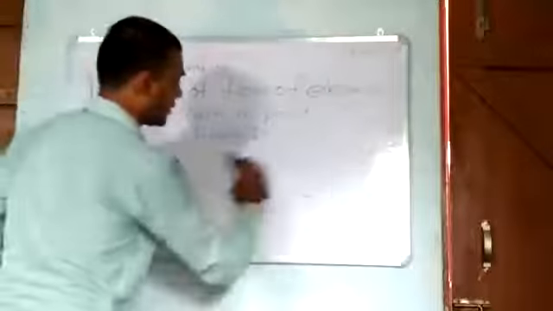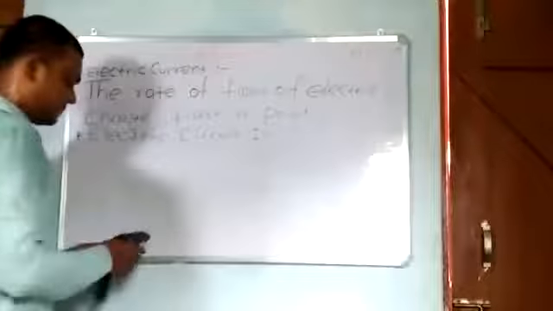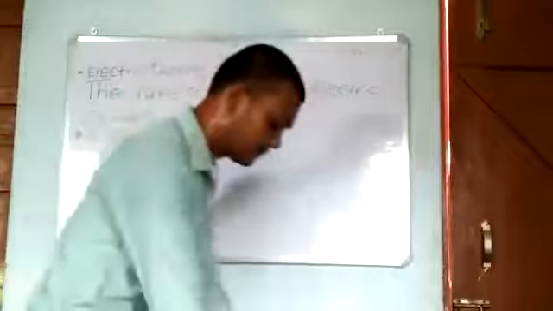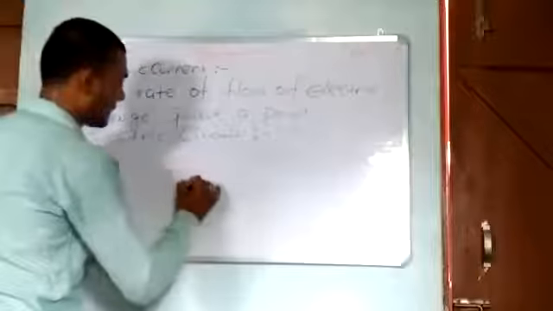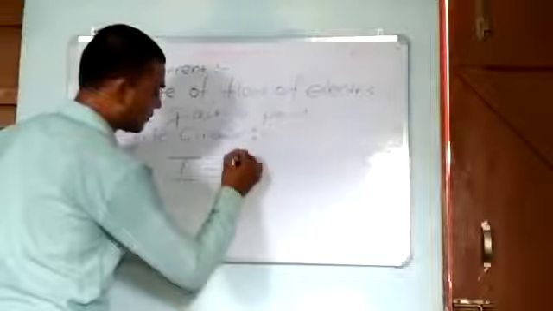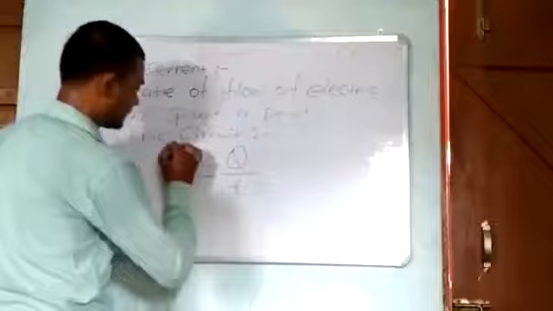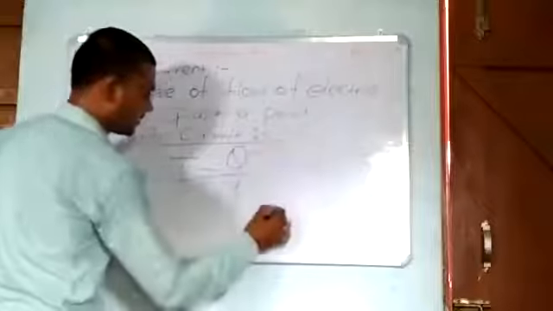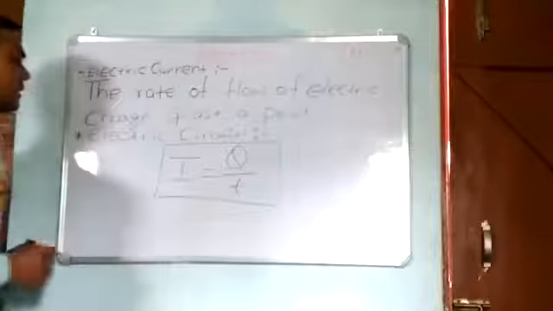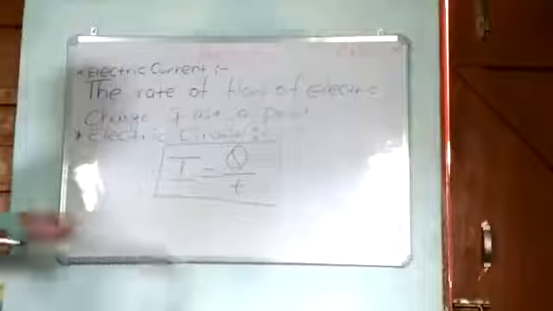Let us know more about electric current. Electric current is the rate of flow of electric charge, which can also be defined by this formula.